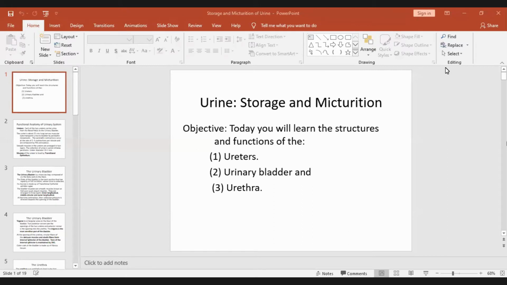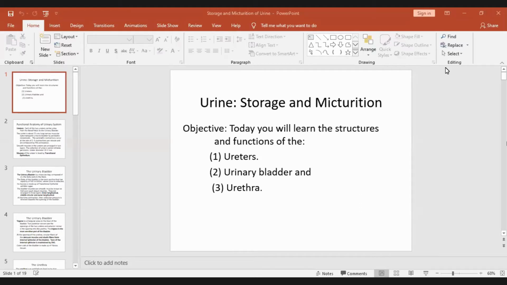The inner part of the bladder is lined by transitional epithelium, an epithelium which can stretch as the bladder stretches and can come back to its original shape when the bladder relaxes. Now, there is a point which is known as the trigone of the bladder.